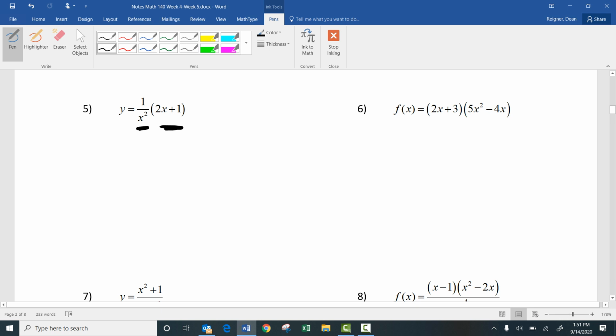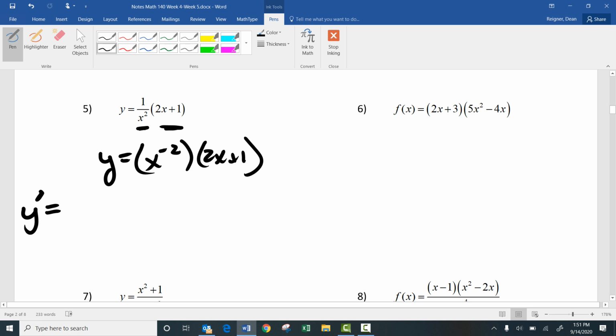So let me rewrite this before we do the product rule. So y equals x to the -2, 2x plus 1. And then we'll write this one. This one you don't have to rewrite, okay? You can just leave that go, all right? So here's how you do the product rule. Derivative of y is y prime. So the product rule is you do the first guy, that's what I call him, first guy, derivative of the second guy.